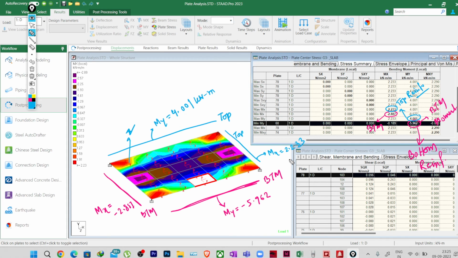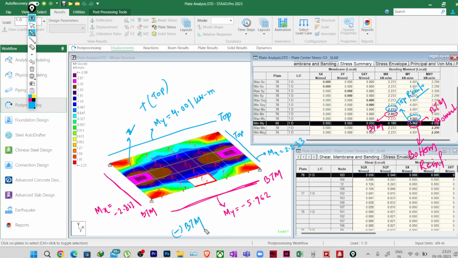If you see Mx, you will provide reinforcement corresponding to the Mx moment along the X direction. In plates, moments are along the direction. In beams or columns, moments are about the axis. Z is up, so all the plus values are at the top and all the minus values are at the bottom.